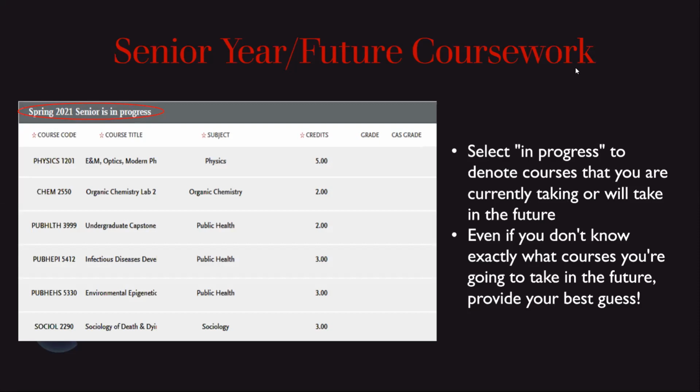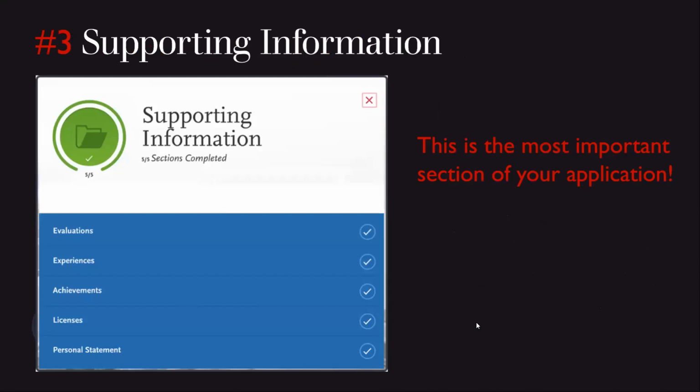So for example, you can see my senior year in progress, but I completely changed my coursework and I am not taking half of those courses. And that's totally okay because you can simply update those dental schools in the future.